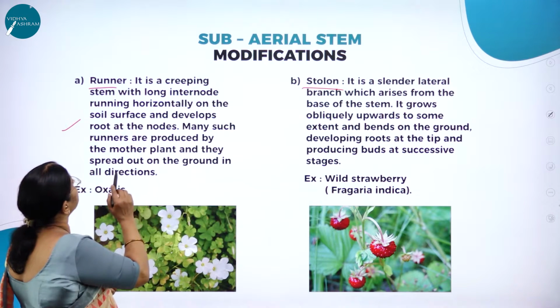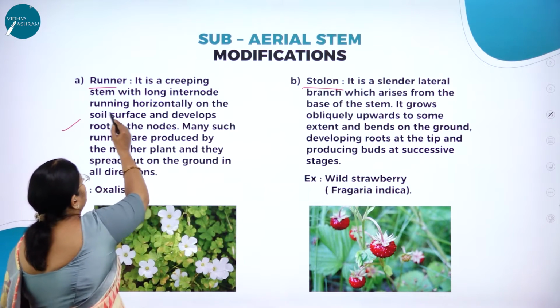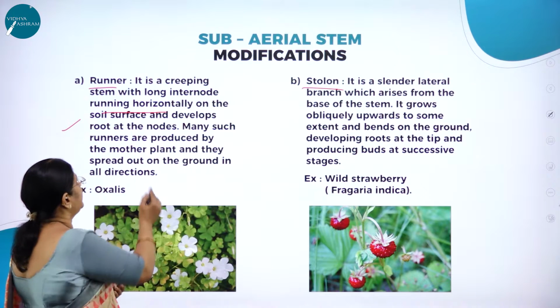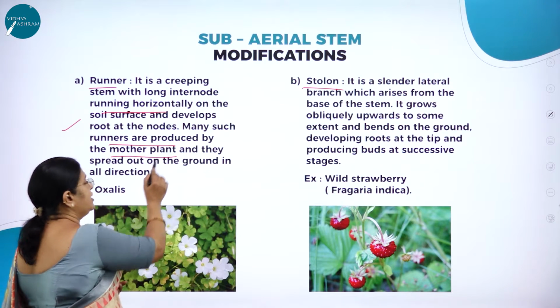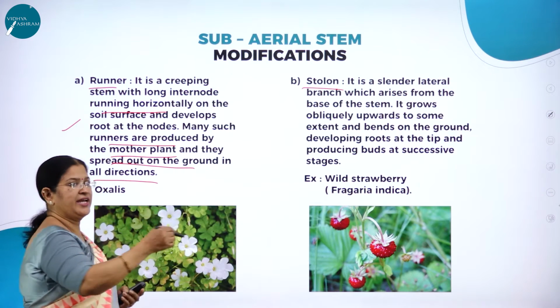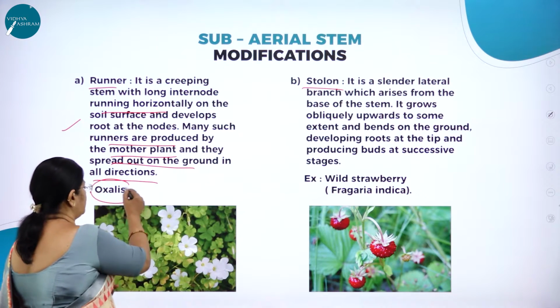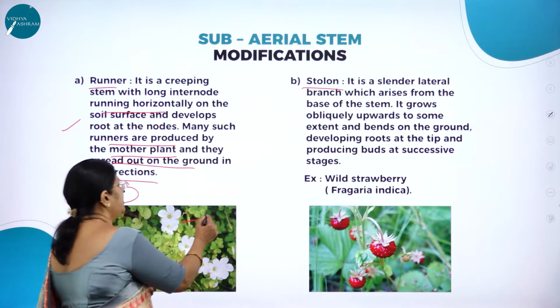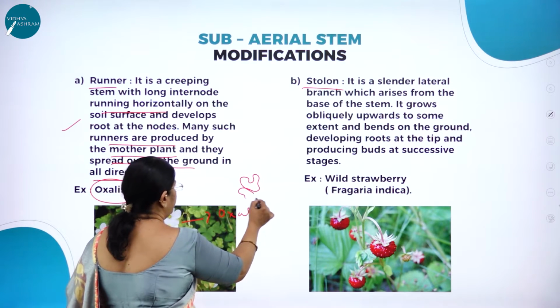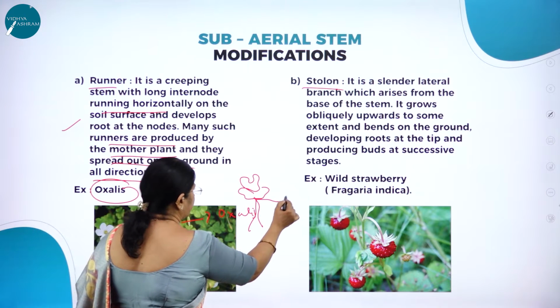It is a creeping stem with long internodes running horizontally on the soil surface and develops roots at the nodes. Many such runners are produced by the mother plant and they spread out on the ground in all directions. A very good example is oxalis. Here you can see the oxalis, the flowers like this, and how it grows.